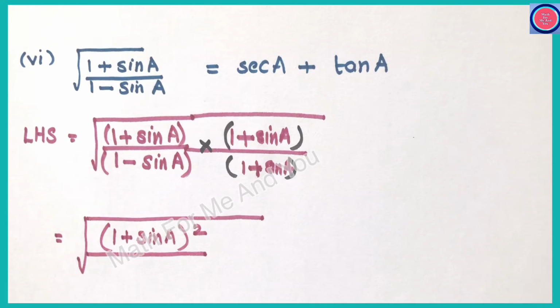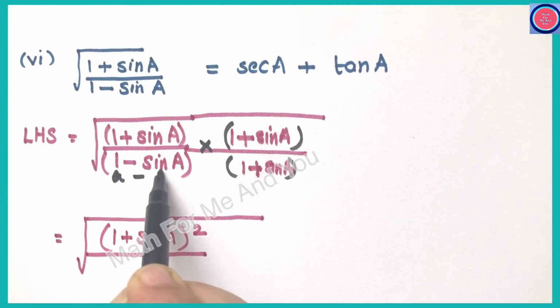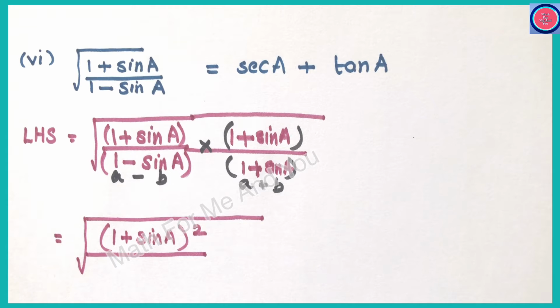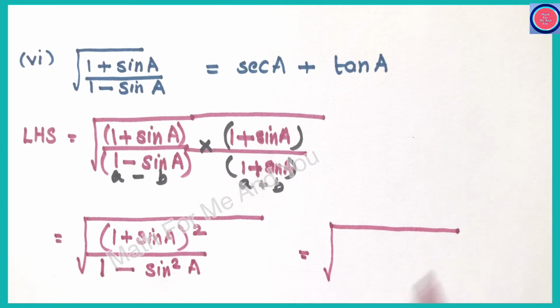Divide by denominator, it is of the form A plus B times A minus B. And we have studied that the result is A square minus B square. So A is 1, 1 square is 1, so 1 minus sin square A. Now again, square root of numerator, there is no change: 1 plus sin A the whole square.